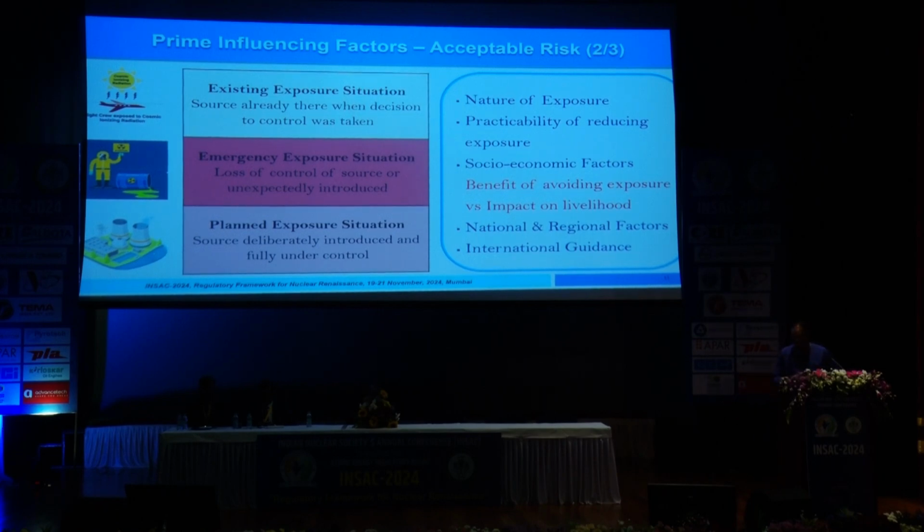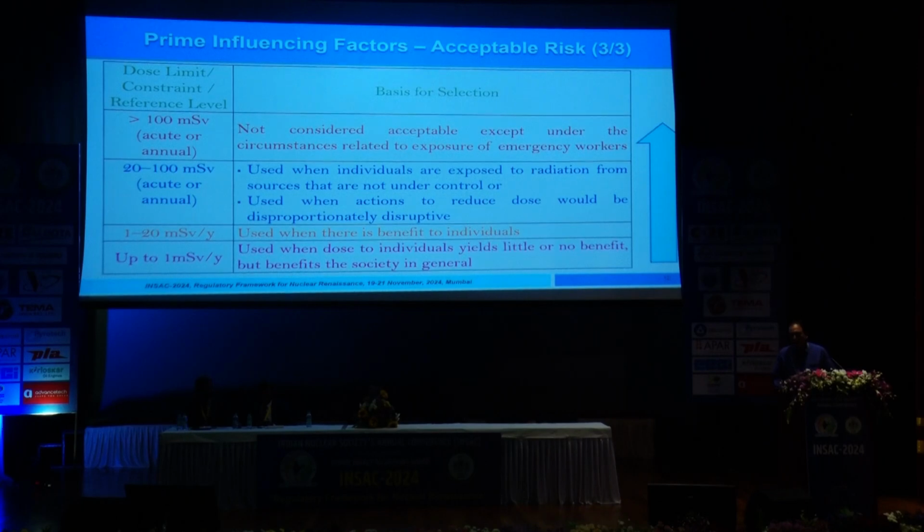This in turn depends, first of all, on the nature of exposure, then the practicability of reducing exposure, whether you are able to reduce it or not. Socioeconomic factors especially play a role whenever we are deciding reference levels for existing or emergency exposure situations. Thus, some national and regional factors also play a role. Then, of course, available international guidance is always accounted for. For plant exposure situations, generally dose limits and constraints are defined.